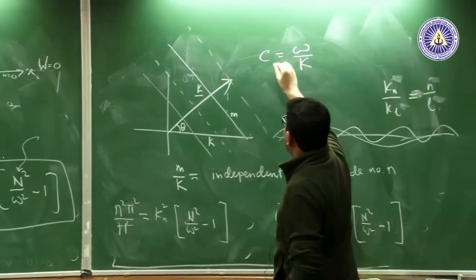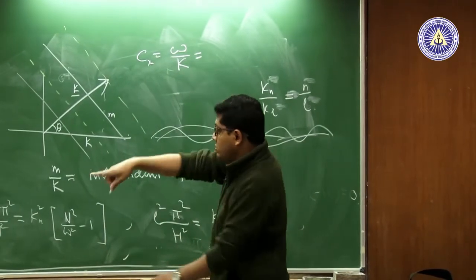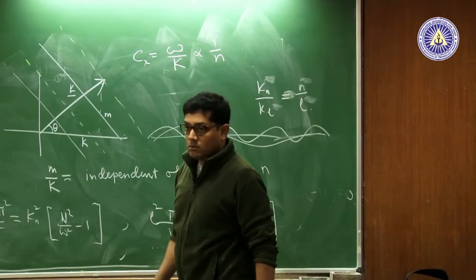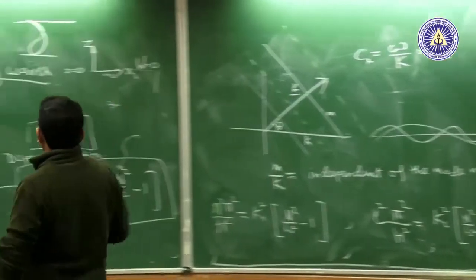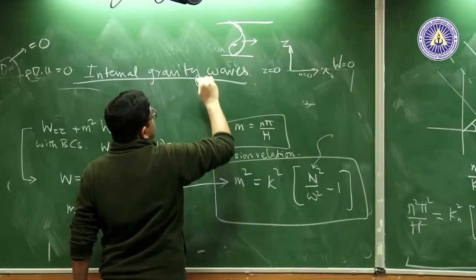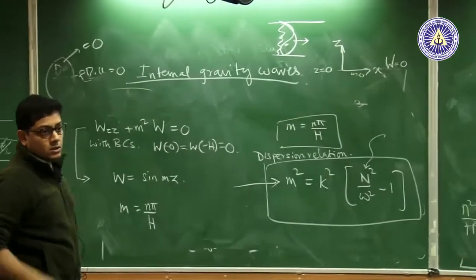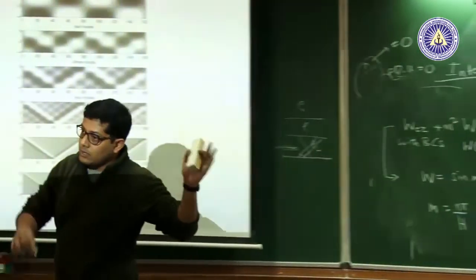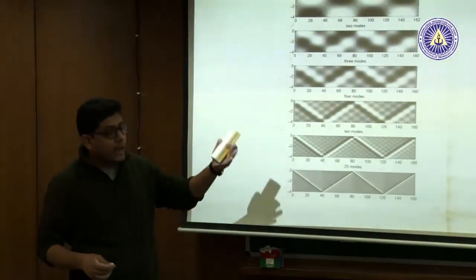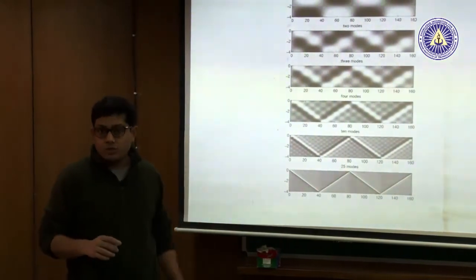Say I judge the phase speed in the x direction, omega by k, you will see that it is proportional to 1 by n, which means that this wave is travelling faster, this wave is travelling slower, and more and more like this, it is travelling very slowly. These modes are travelling like that. Someone is travelling faster, someone is travelling slower. The whole idea is that the low modes travel faster. That is very important for oceans.